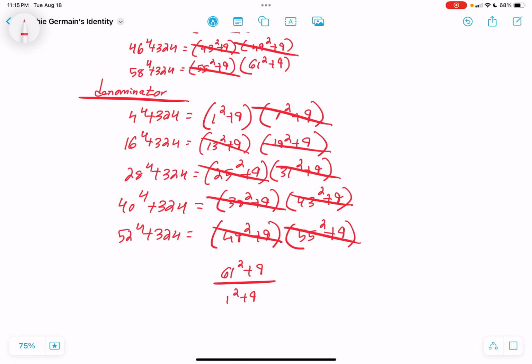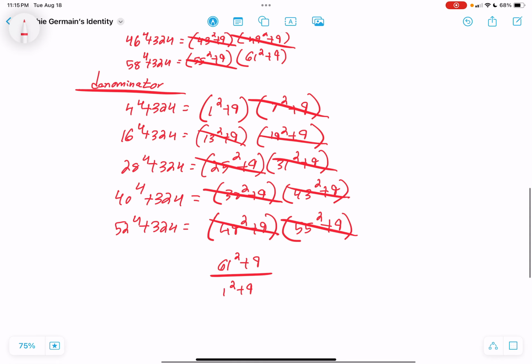Now all we have to do is evaluate this. You're going to see there's a very nice result here because this is going to be 10, right? So here I have 10. Now my numerator, okay, I have to figure out what 61 squared is.